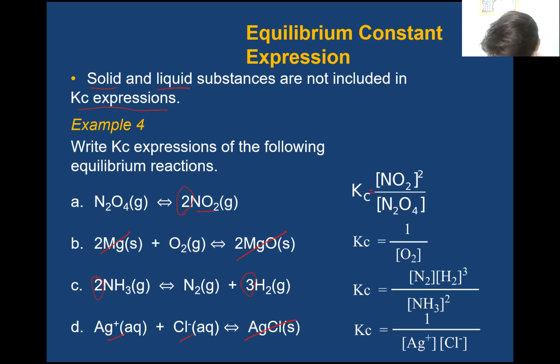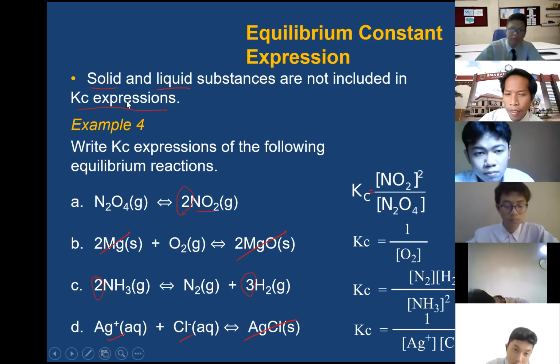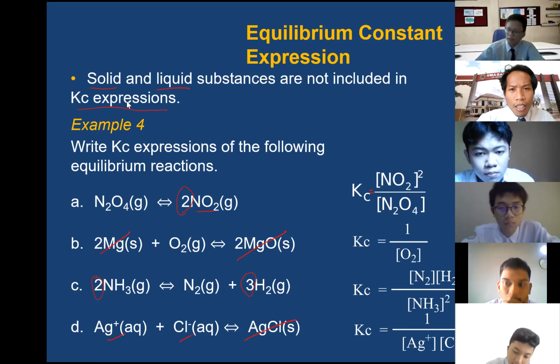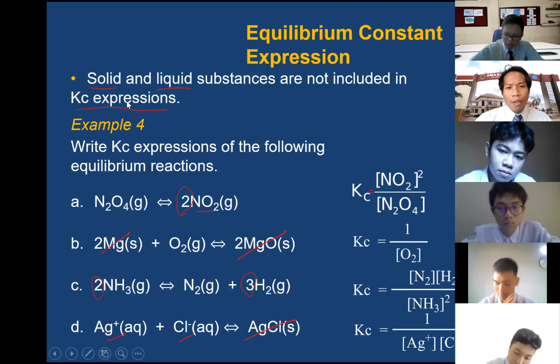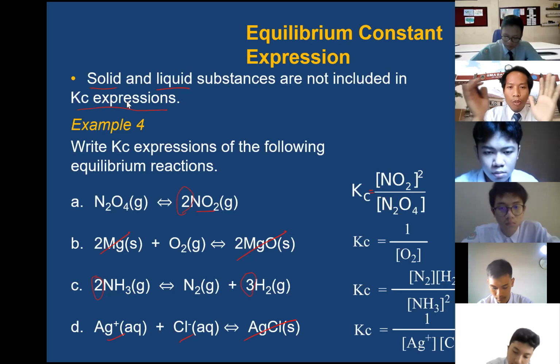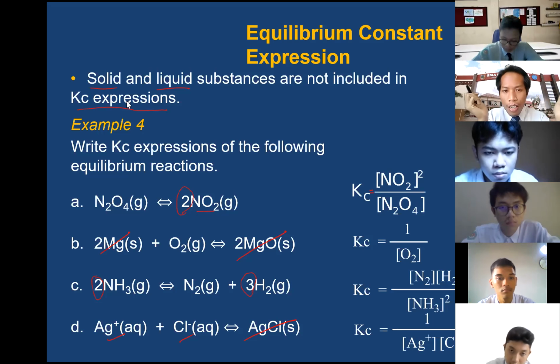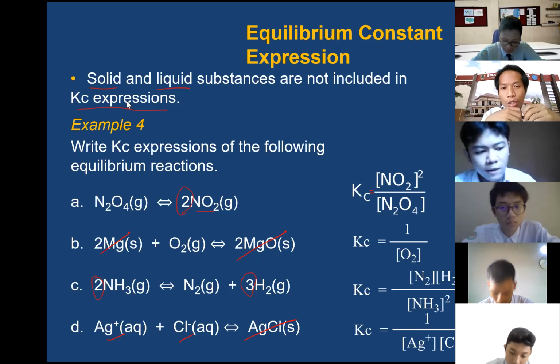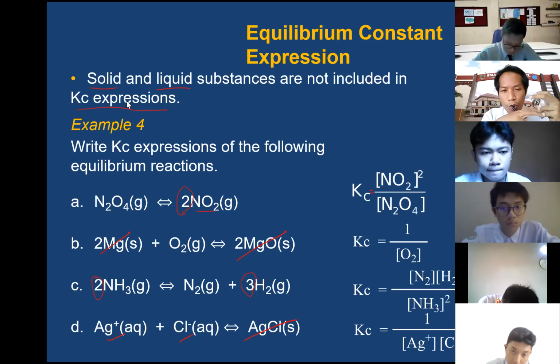It's quite easy, not very difficult. Just remember product over reactant: the concentration of all the products over the concentration of all the reactants, but you take only the gas and the aqueous ones. Solid and liquid you will not include in the Kc, and the power will be the coefficient. That's it.